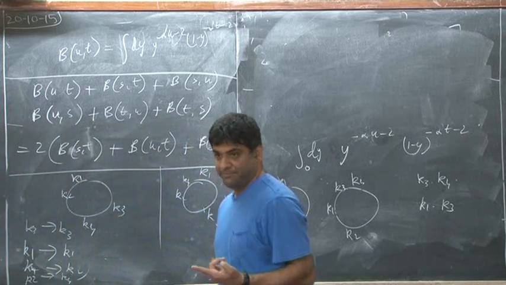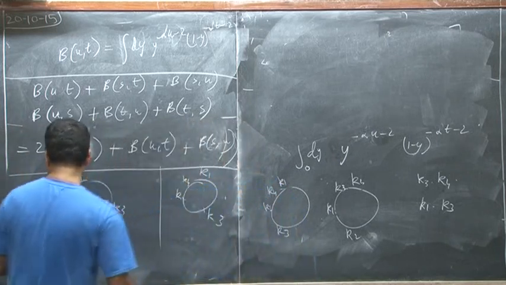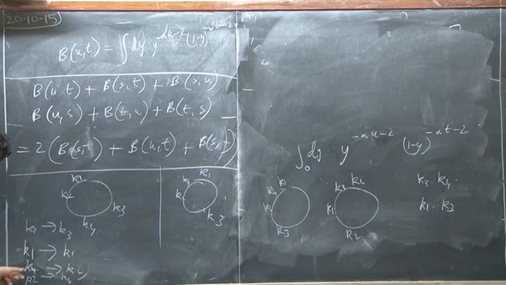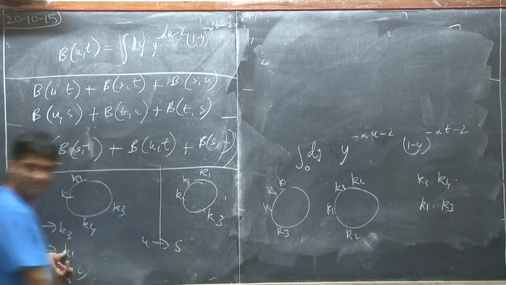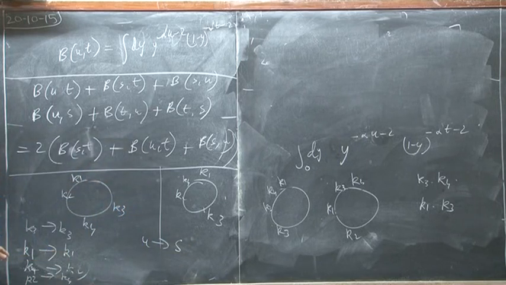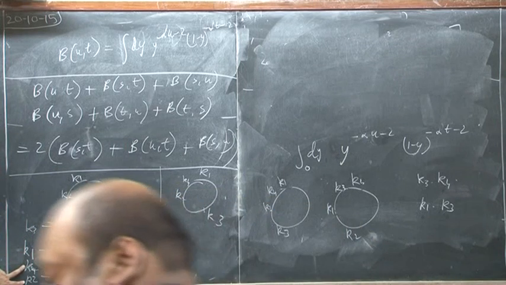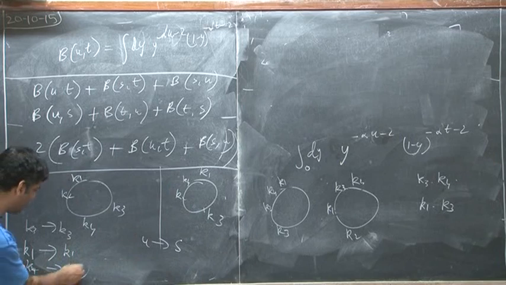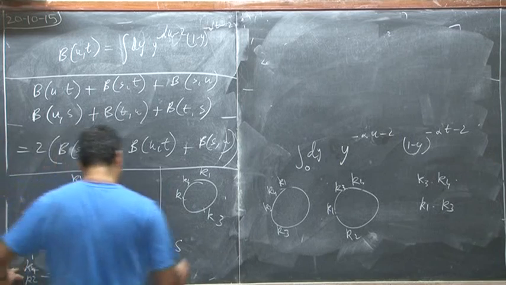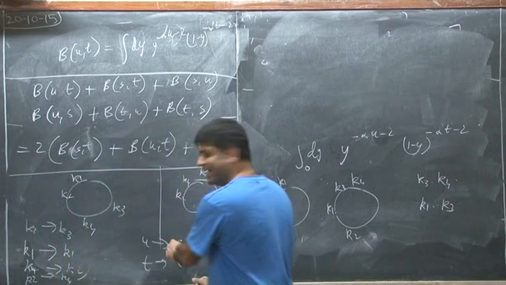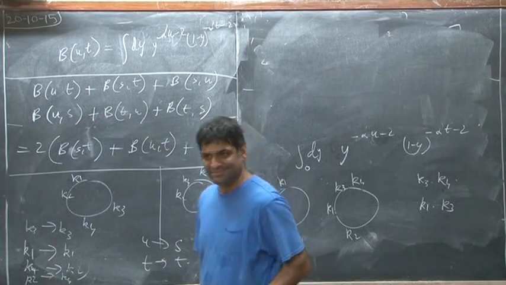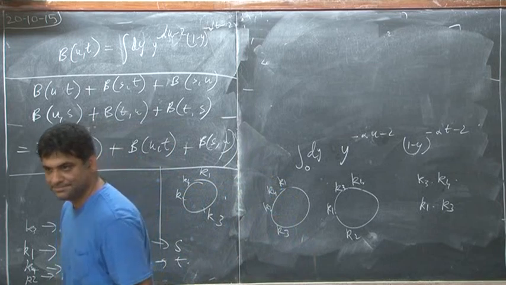So what should it have been? K1.K4 should have become K1.K2, so U should have gone to S. And K4.K2 goes to K4.K2, so T goes to T. So it should have become a B of S, T. Let's check that that's correct.